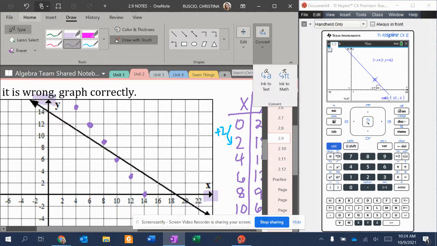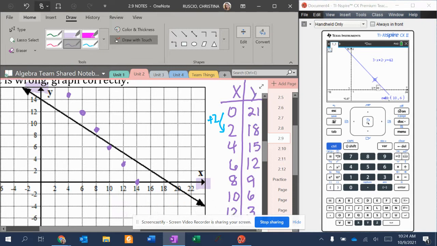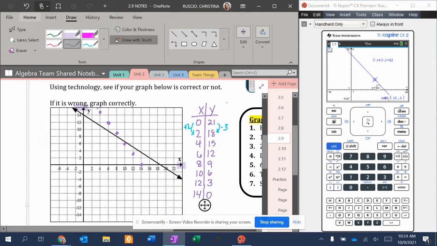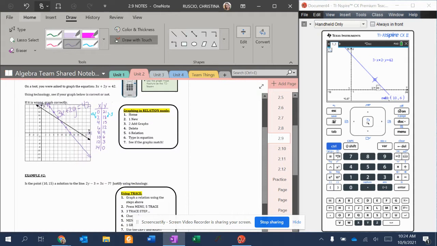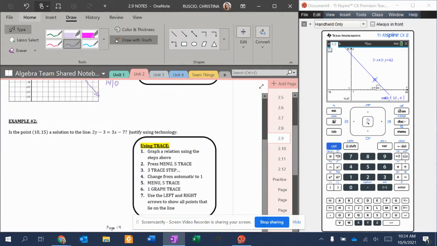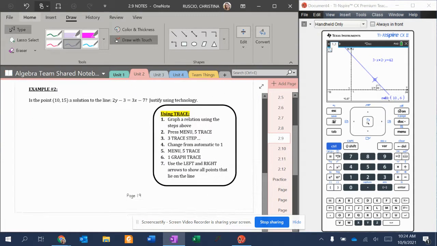No, it's not. Okay, so you're using a straight edge. I unfortunately am not able to do this on my graph, but I'm going to try to draw the straightest line that I possibly can, which wasn't very straight, but I am going to put arrows on it and I am going to label it. So we just fixed the error that was the problem on example 1. The directions for both graphing in relation mode and trace feature are both in those little bubbles.